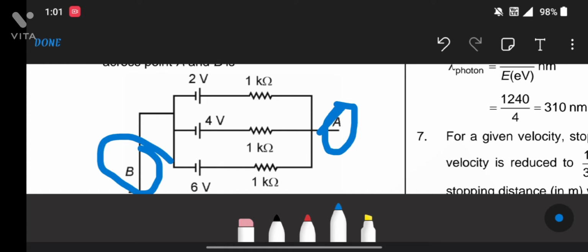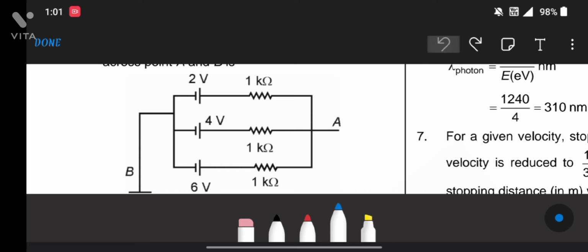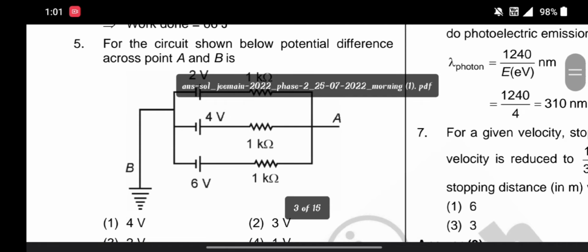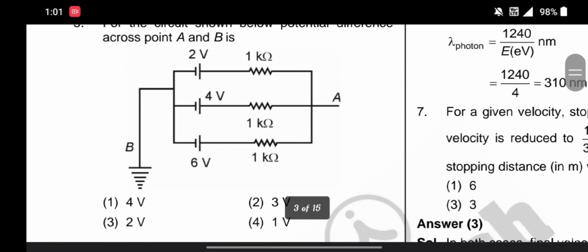Let us see the options they have given now. The options are 4 volts, 3 volts, 2 volts and 1 volt. So let us solve it and see which option we will get.